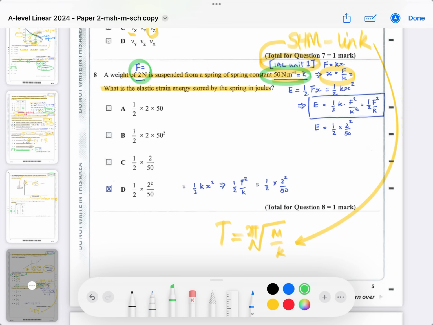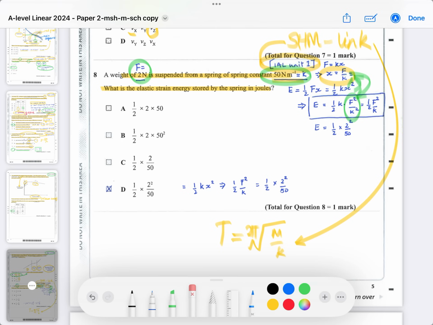And energy is half Fx or half kx squared. You can then replace x with F over k. You see I put half k, and instead of x squared, I've put F squared over k squared from here.